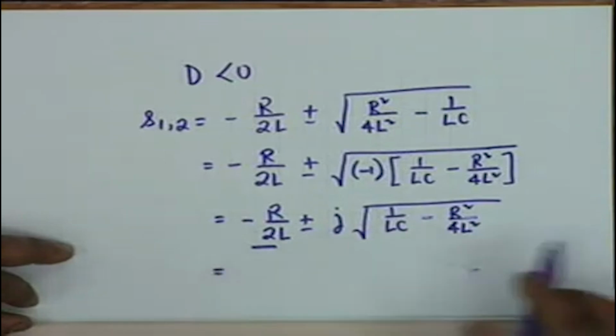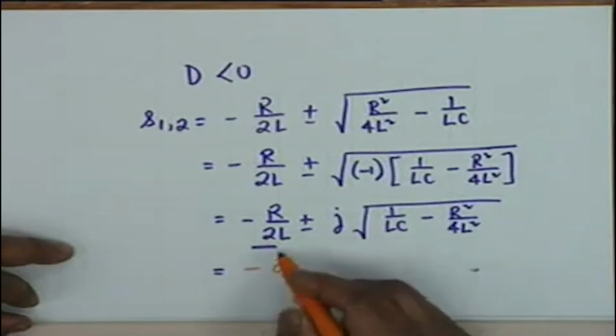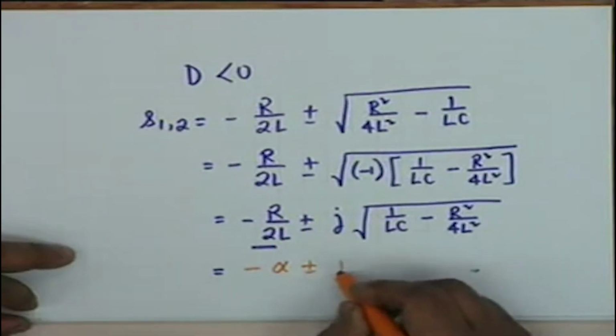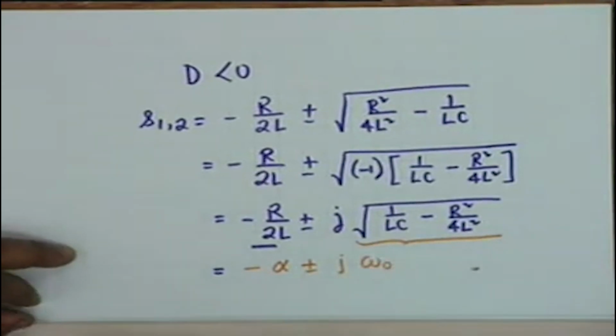This is a real quantity and this is a complex quantity. Let us call the real quantity minus alpha, that is minus R by 2L, and plus minus j, let us call this quantity omega 0, and omega 0 is a positive quantity. We have taken plus minus here.